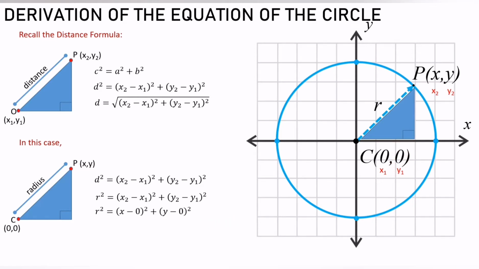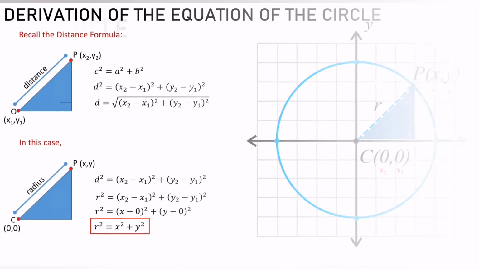So our r squared now is equal to x minus 0 quantity squared plus y minus 0 quantity squared. And there we get the equation of the circle whose center is at the origin: r squared is equal to x squared plus y squared.